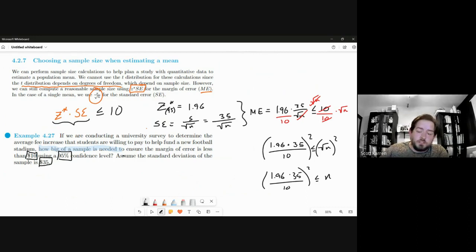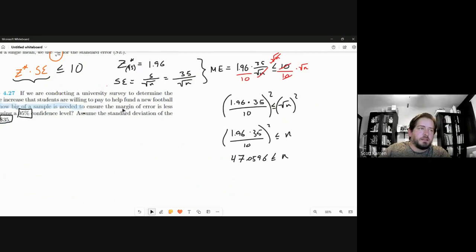It's almost an integer. And since N has to be greater than that, my minimum sample size should be N = 48.